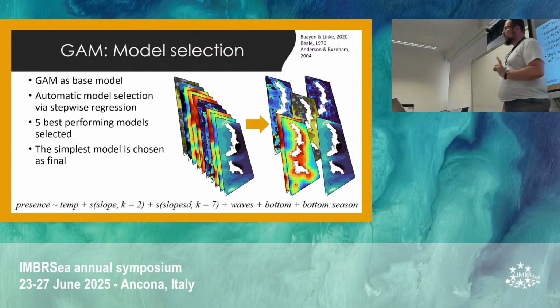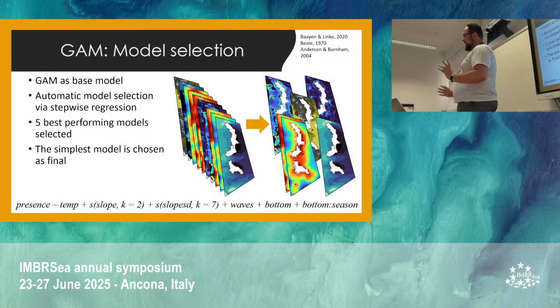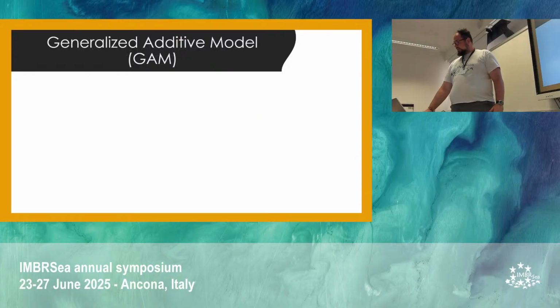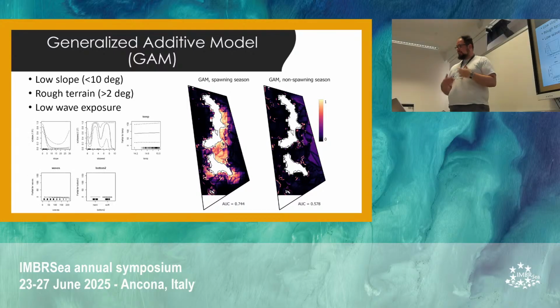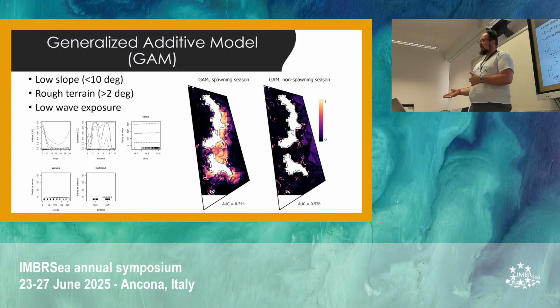There was also an interaction term between the substrate type and the seasonal dimension of the bottom temperature. And here we have the distribution predictions made by this first model and the preference for the spawning and non-spawning season. The preferential habitat described by this model has a low slope, relatively rough terrain, is sheltered from the waves, and has a slight preference for higher temperatures.